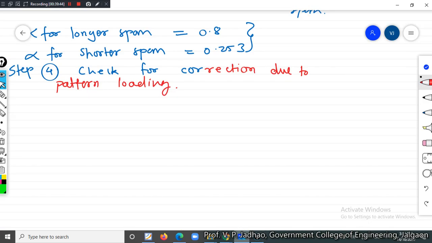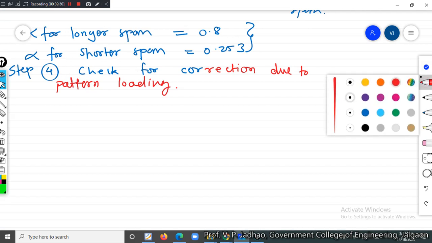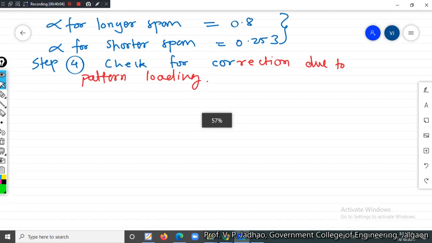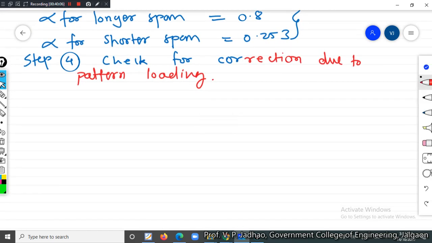So as per clause number 31.4.6 of IS 456, please keep IS 456 at least with you when attending this particular ASD lecture. At the same time, a calculator should be kept with you. So we'll check the correction for pattern loading.